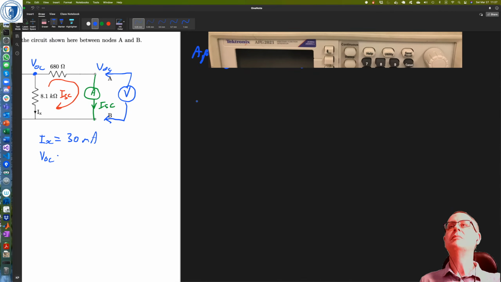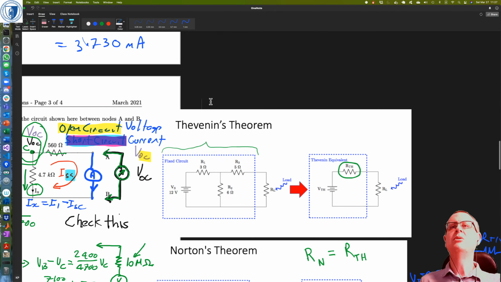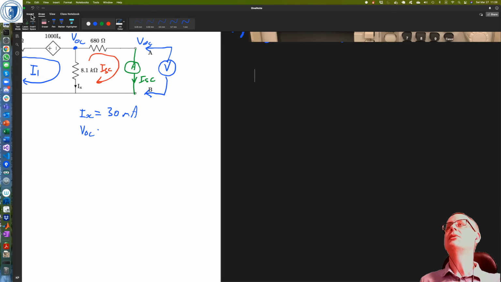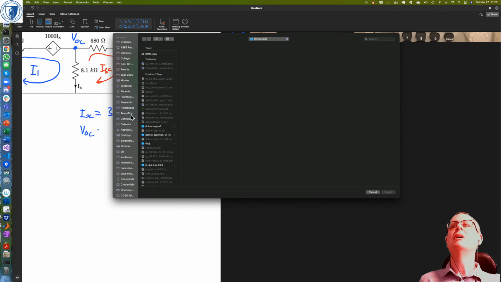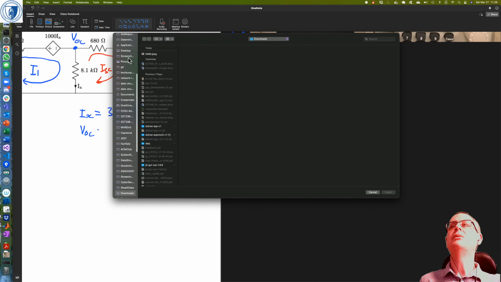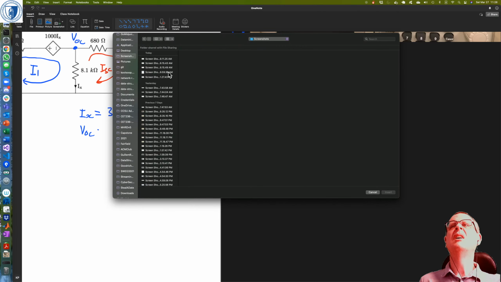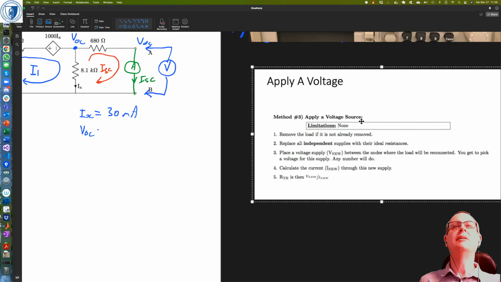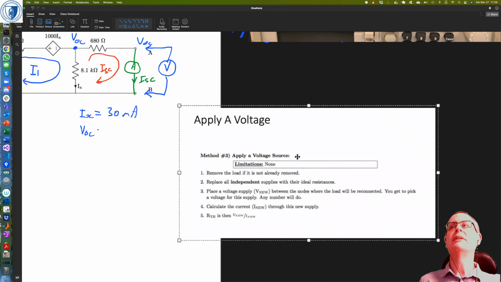Oops, I didn't want to go there, I want to go down here. We'll insert that screenshot picture, and not downloads, I want it to go into screenshots. Right, so apply voltage. We've got the instructions right here.